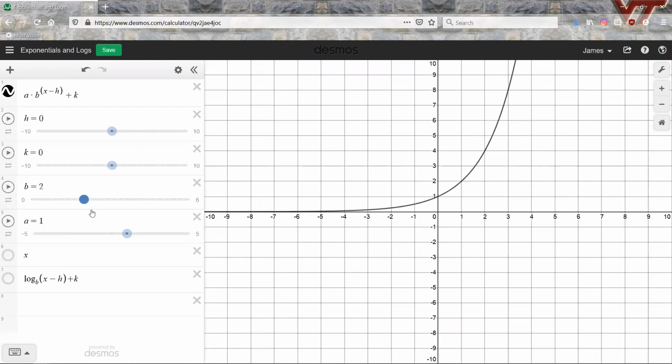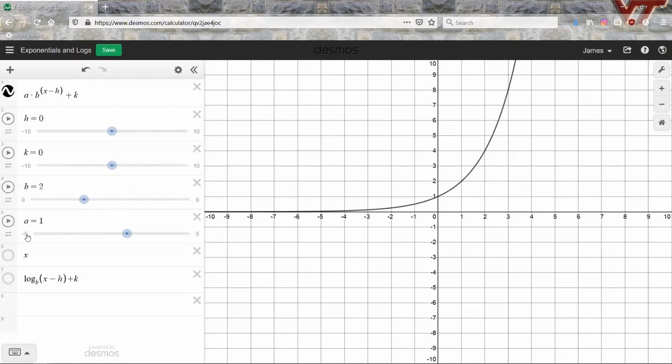The only thing b does is change the steepness of it. Like I had it here at 2. If it goes to 3, notice when x is 3, it goes to 3. And if I change it to 4, it would be up here. It's just getting a little bit steeper as it goes through there.